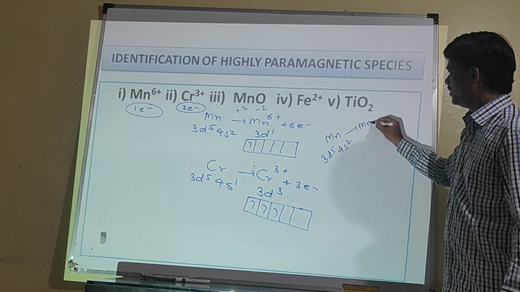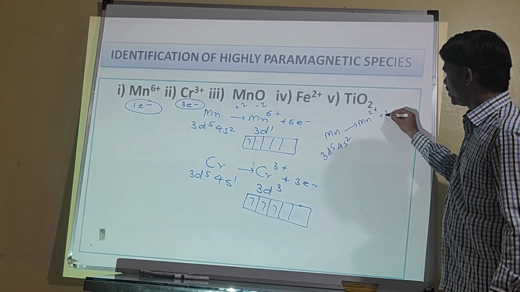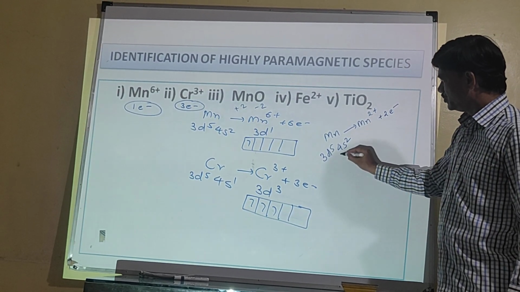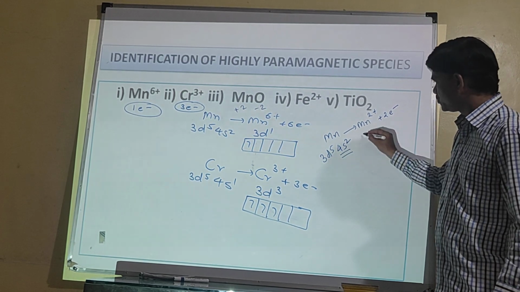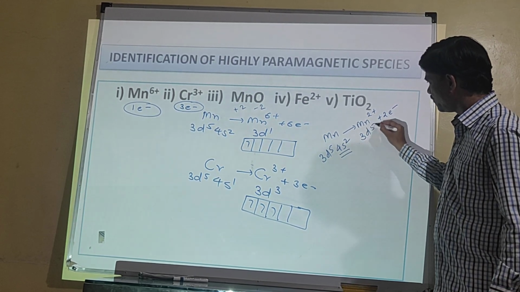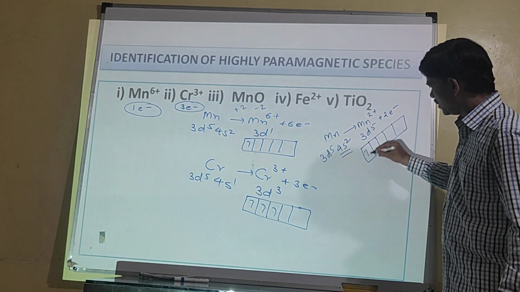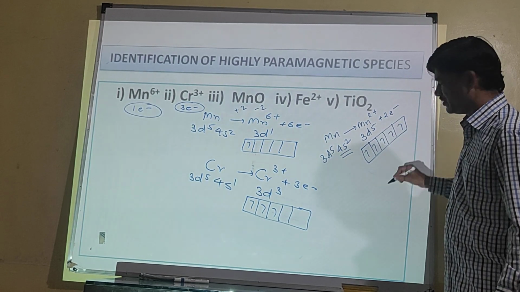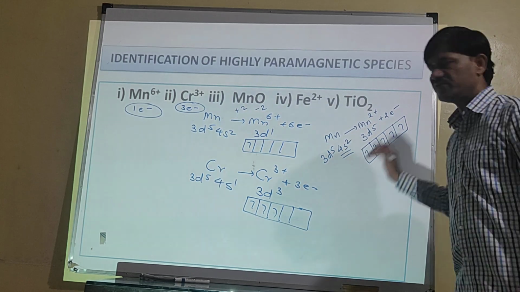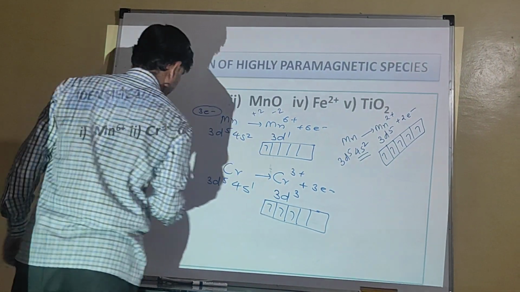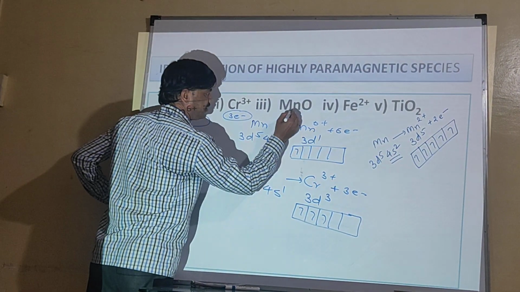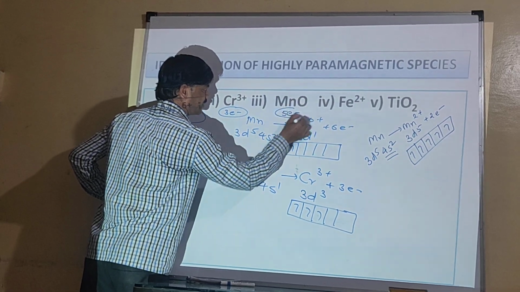So in order to form Mn plus 2, there is a loss of 2 electrons. These 2 electrons are lost from 4s. So what remains here? 3d5. Draw the block diagram for 3d: 1, 2, 3, 4, 5. How many unpaired electrons are we getting here? 5. So 5 unpaired electrons.